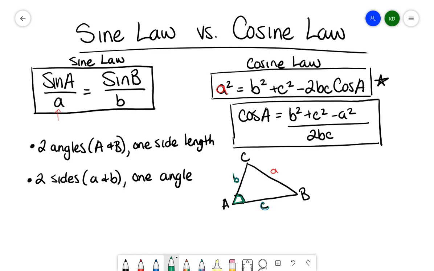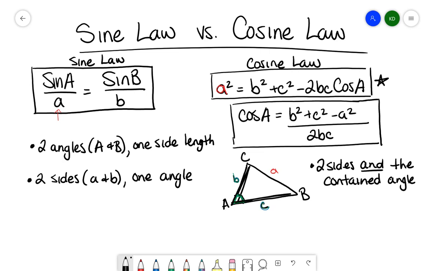So what I essentially need is two sides, and I need the contained angle. When I say contained, what I mean is that I need the angle that's in between the two sides that I know. So if I know this side and that side, I need the angle in between those two sides to solve for this one.